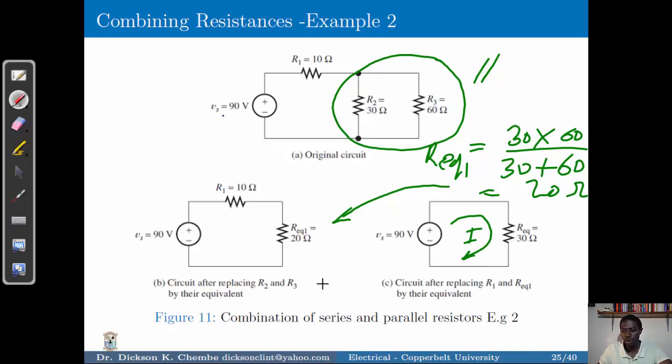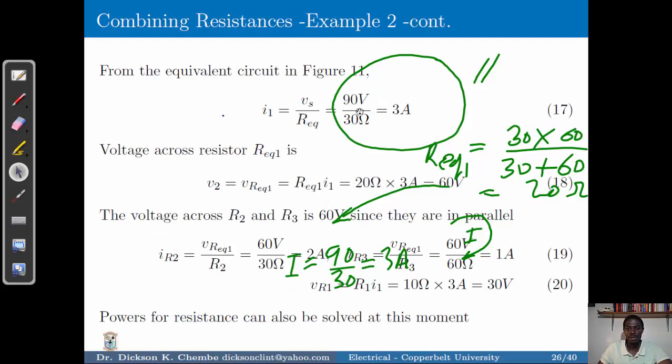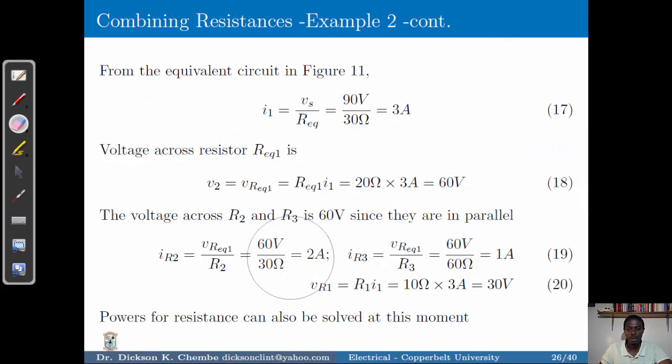We can use Ohm's law to find the value of that current, which is the voltage source divided by the total resistance, which simply gives us 3 amps flowing in the circuit.